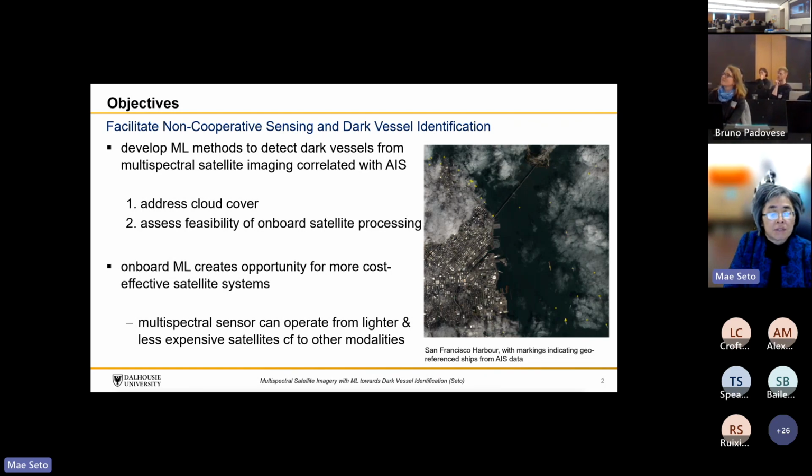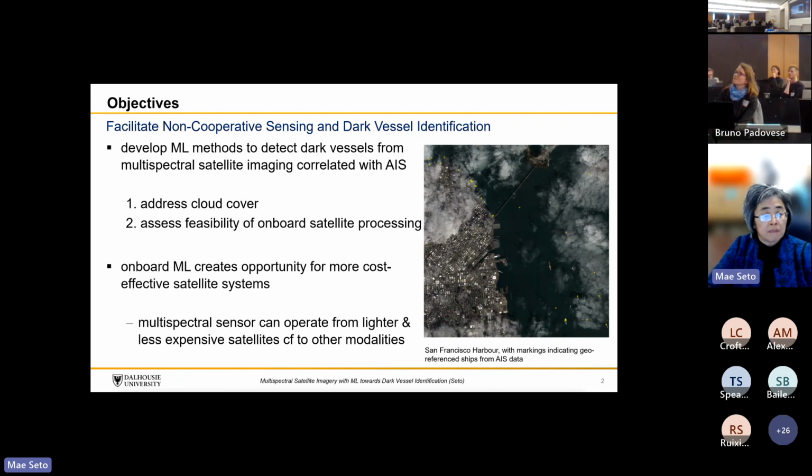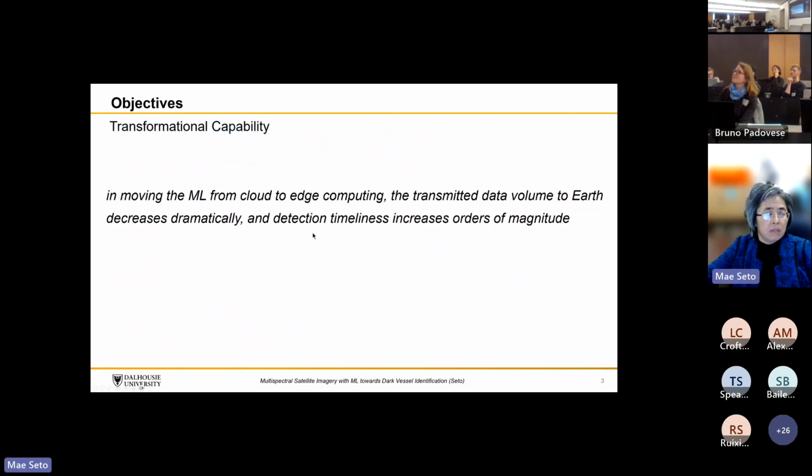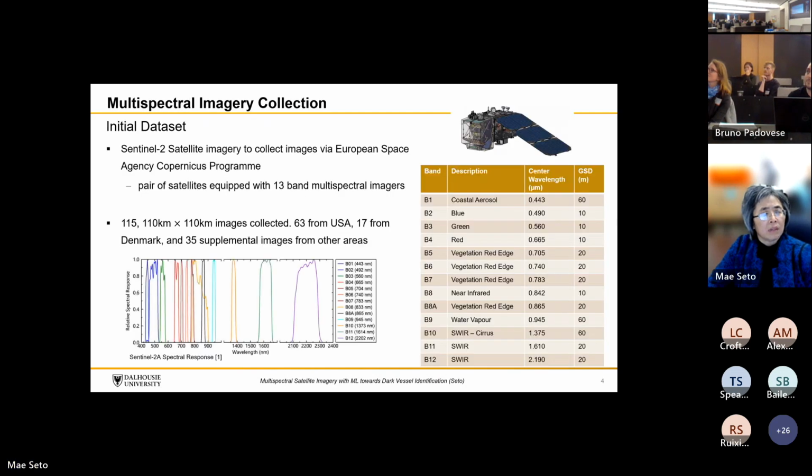Second goal is to assess the feasibility of doing this processing on board the satellite. So in moving your machine learning from the cloud to the edge, the transmitted data volume that you send back to Earth is quite a bit less, and the timeliness of your detections, especially for dark vessel detections, increases orders of magnitude.